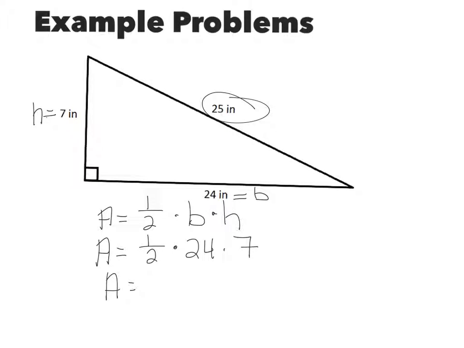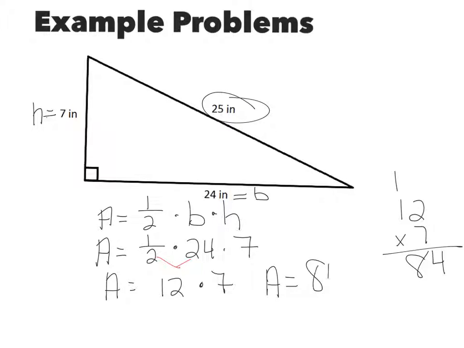Remember, with multiplication, you can multiply in any order. So I'm going to do 1/2 times 24 first. Remember, we talked about half multiplied by a number just is cutting the number in half, which gives me 12. And then we have 12 times 7. If we're not sure, we can come over to the side and do a little math. 7 times 2 is 14. Carry the 1. 7 times 1 is 7, plus that 1 is 84. So we could say our area is 84 inches squared.